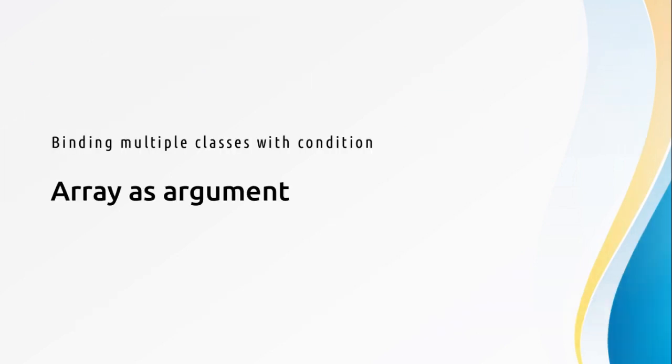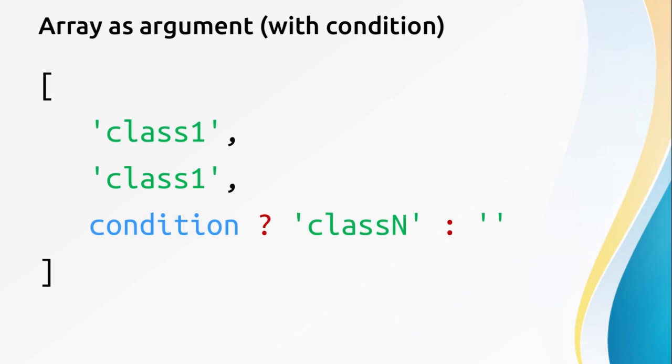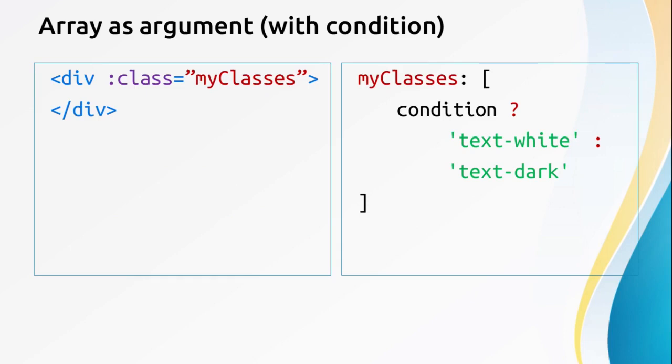Now, what if we want to pass array as class argument, but we also want to conditionally apply a certain class? We can do that like this. If the condition is met, we specify a class, or if not met, then we define an empty string or another class. If we take a look at this example, here in this div, the class attribute is bound to myClasses.